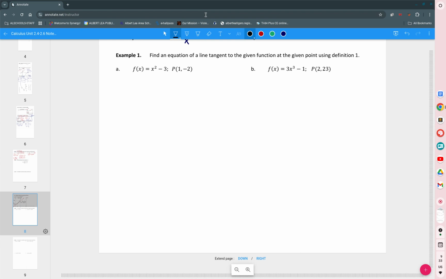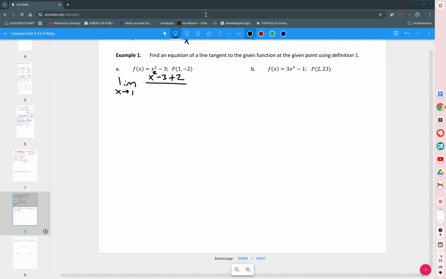What we do is we take the limit as x approaches what? 1. Why 1? Because x is 1. Of f of x, which is x squared minus 3. Then what? Minus negative 2, so plus 2.